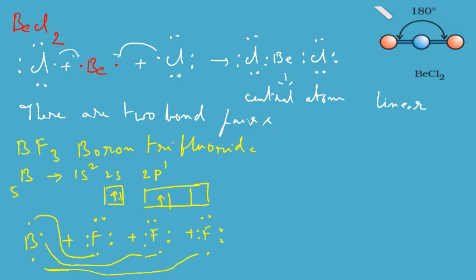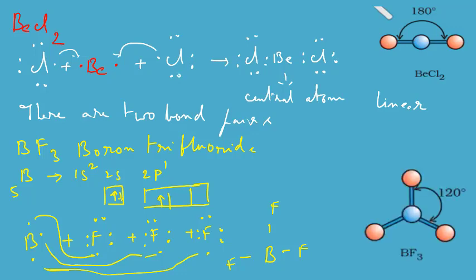Totally we get 3 boron-fluorine bonds, and they lie on the same plane.